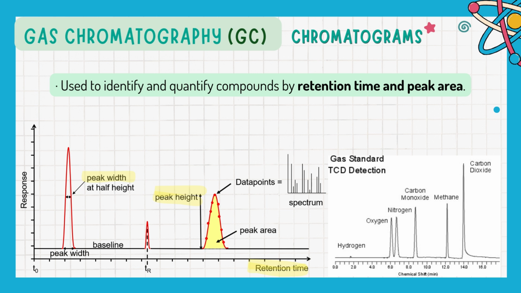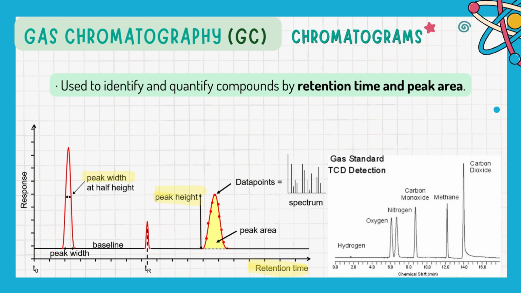So peak width is measured at half the height of the compound. And then guys, the peak area is this one, this is the peak height, and this is the peak width.